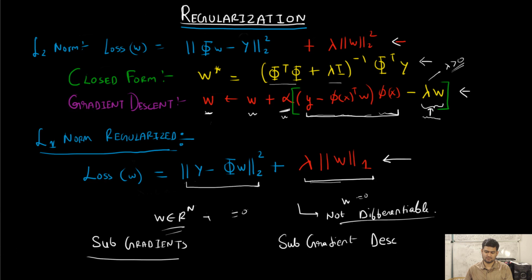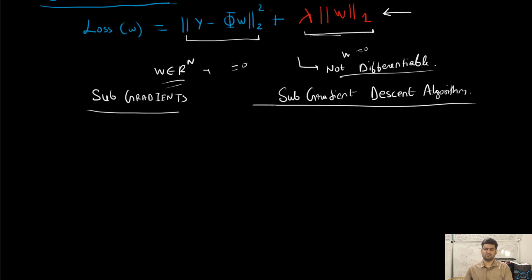Later on we will see what the update equation is, and how we can compute the subgradient of this term. There are various ways to minimize this loss function.